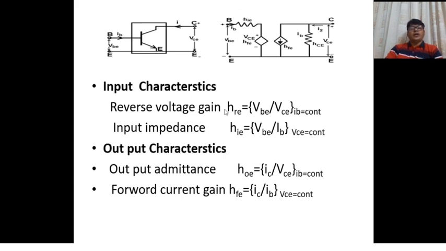So in this way, here E stands for common emitter mode. Suppose if this is for common base mode, this can be written as hrb, hib, hob and hfb. Like this, depending upon modes, you can rewrite the voltage gain, input impedance, output admittance and forward current gain.